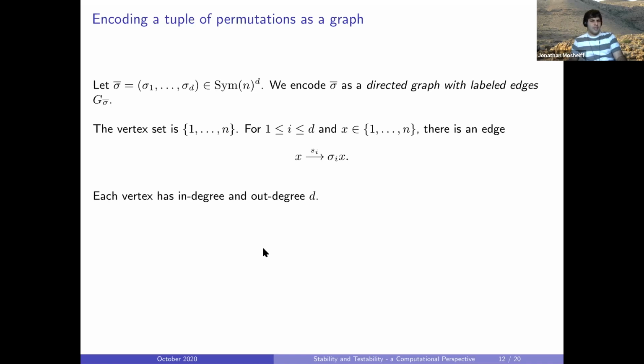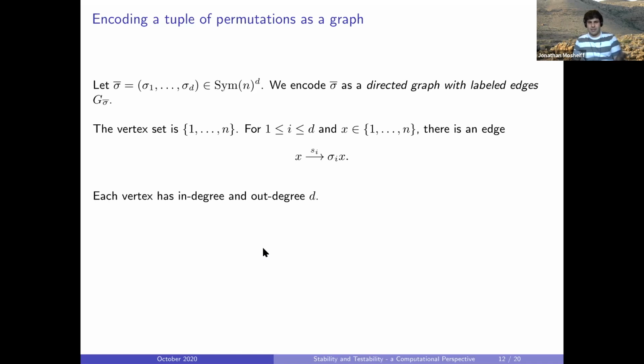Recall that we fixed some alphabet S that consists of the letters S1 to Sd. If the i-th permutation takes x to some y, then we're just going to have a directed edge from x to y, and this edge is going to be labeled Si. That's our graph.